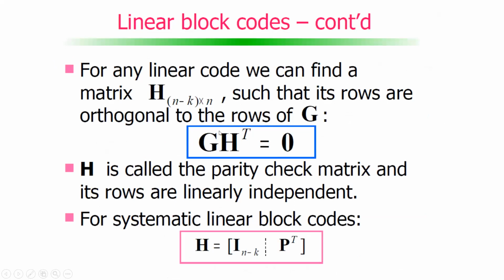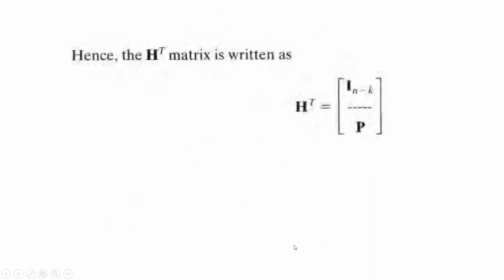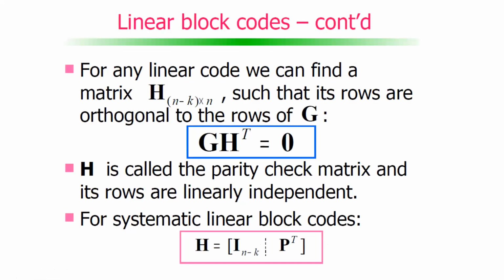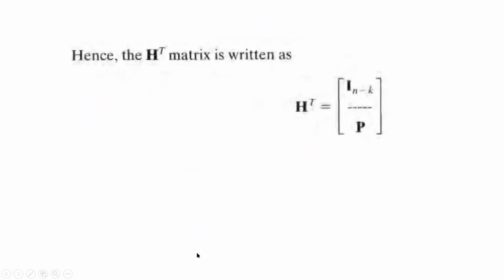So if you are given G, you can always write H. You can write an identity matrix of size n minus k, and P transpose is the parity portion.